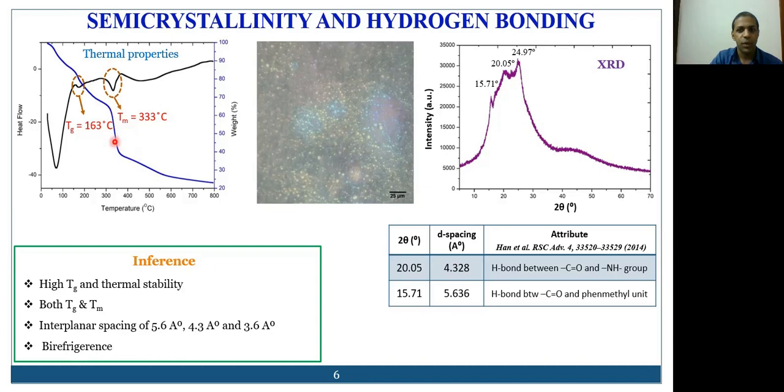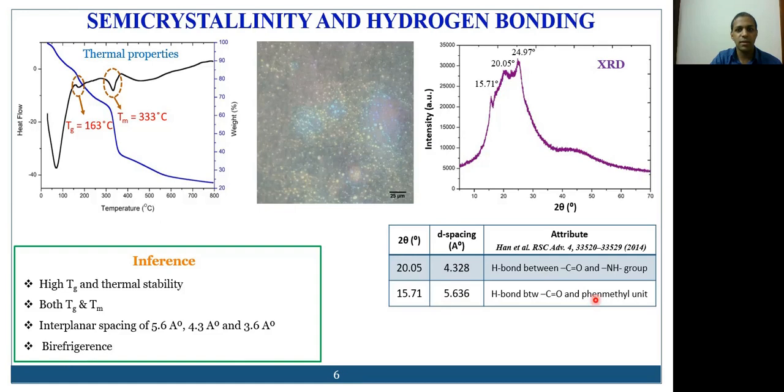So this is an optical micrograph of azo-PU showing birefringence, suggesting some kind of molecular ordering or semi-crystallinity. And this is the X-ray diffractogram of azo-PU, in which these peaks correspond to these interplanar spacings, and a couple of which arise from hydrogen bonding.